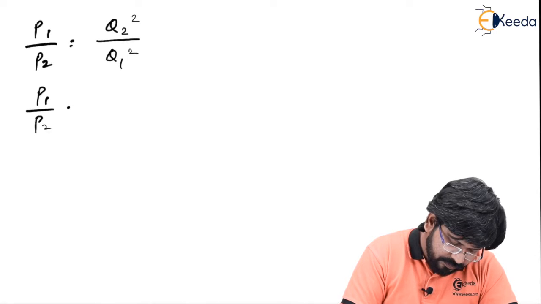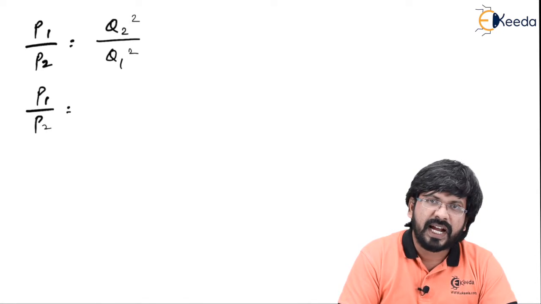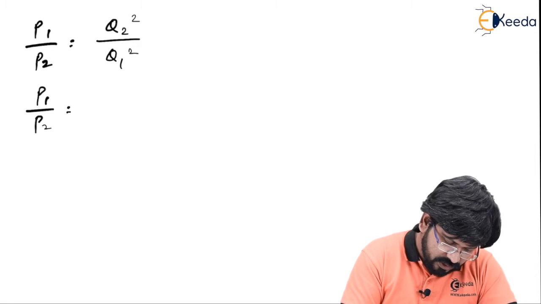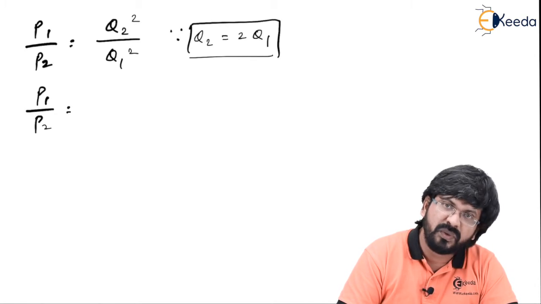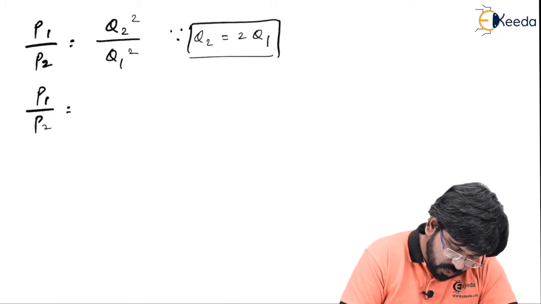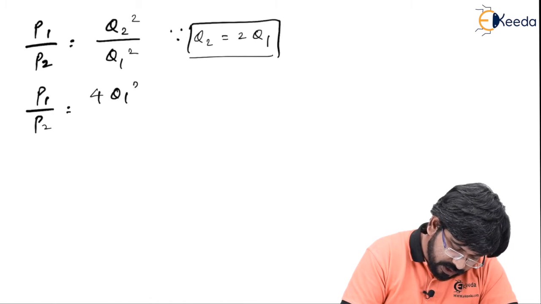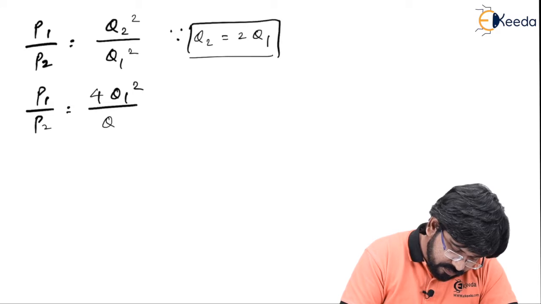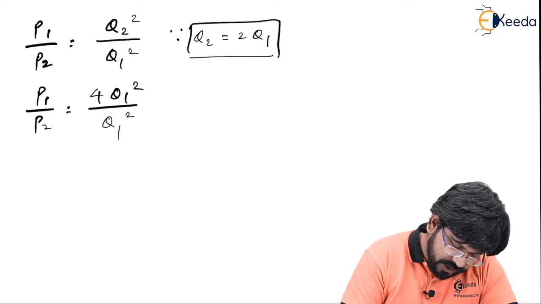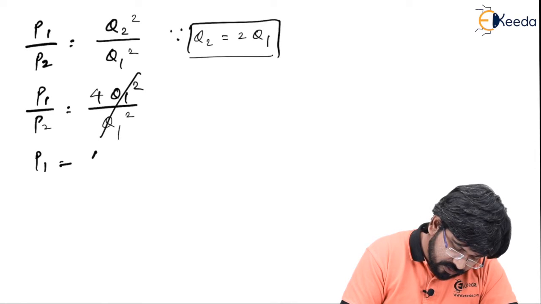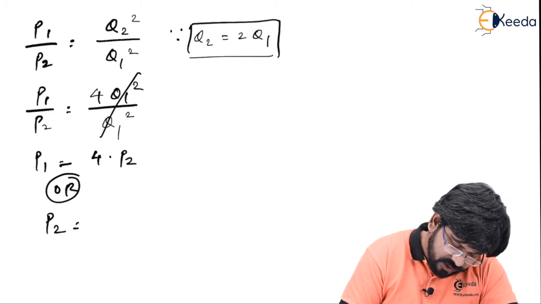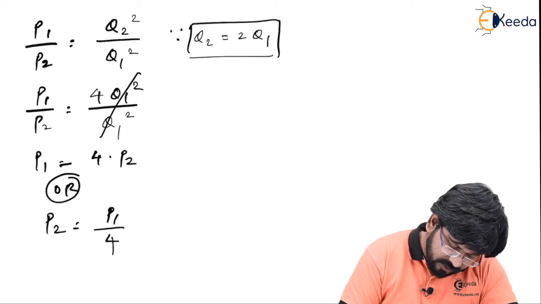Q2 is actually double of Q1, so I can replace Q2 square with 4 times Q1 square divided by Q1 square. This will get cancelled. You will see P1 is 4 times P2, or actually you can write P2 is P1 divided by 4.